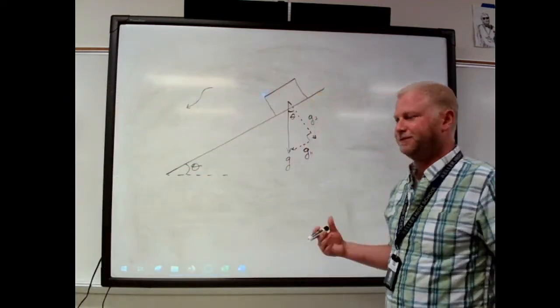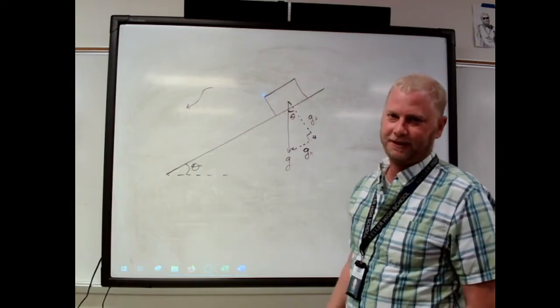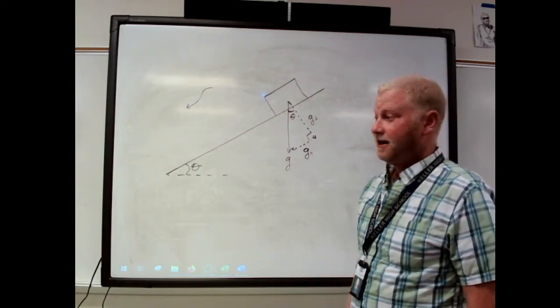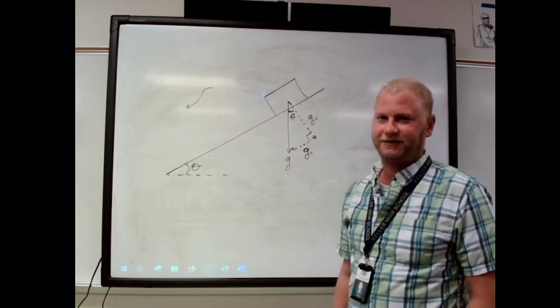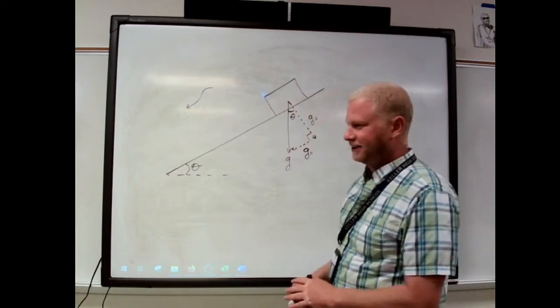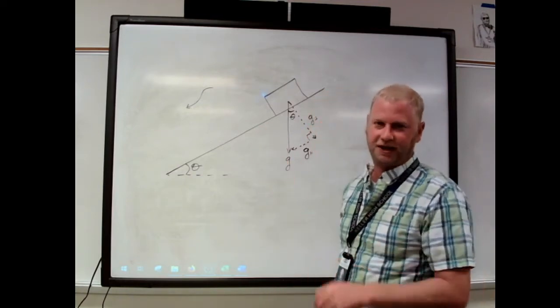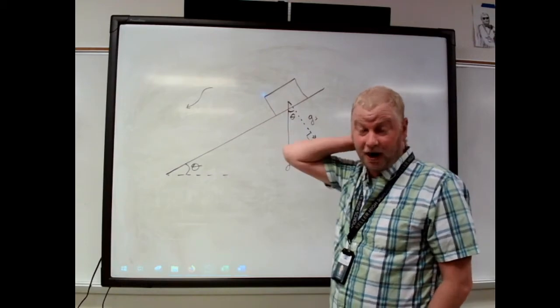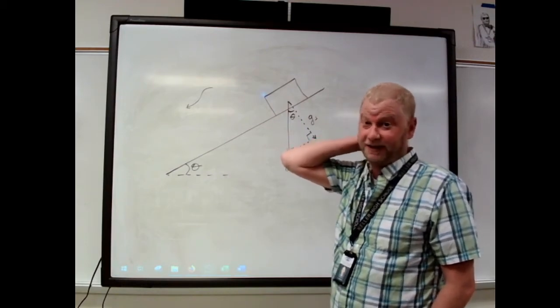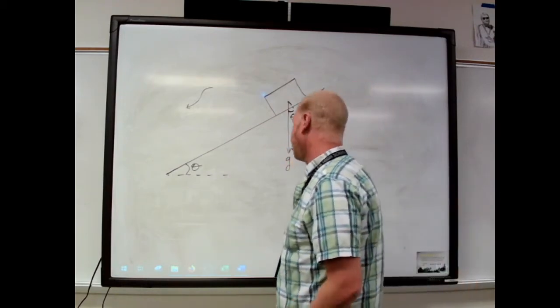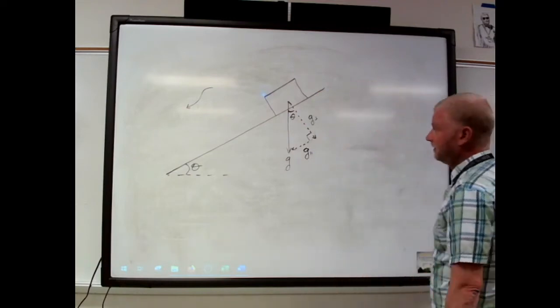Now, as we move into more complex topics like this, I highly recommend that you sketch out the scenario, right? Having a detailed drawing with your knowns and your unknowns listed directly on the image will greatly help you in processing the problem.